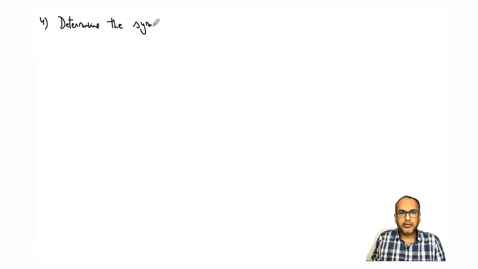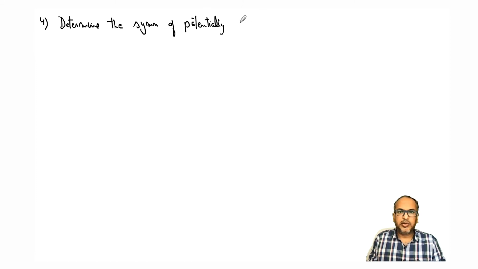Okay, so what is the next step? Now the fourth step is to determine the symmetry of potentially bonding atomic orbitals on the central atom.